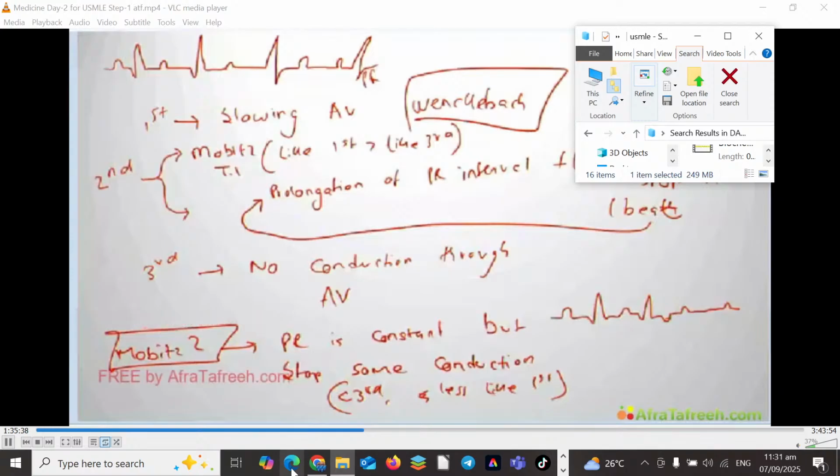Theoretically speaking, no. Because after one beat is missed, the next PR would be a normal PR. Are you clear? Are we together in this? Wenckebach phenomenon is just another name for Mobitz type 1. It is the same.